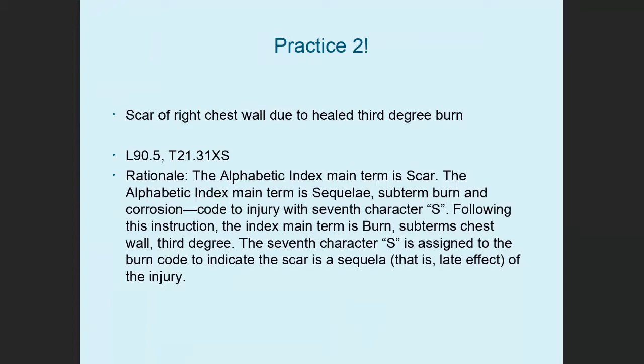So then look up burn, chest wall, 3rd degree, and use that 7th digit S to indicate the scar is a sequela of the injury. So you have T21.31XS and L90.5 for the scar.